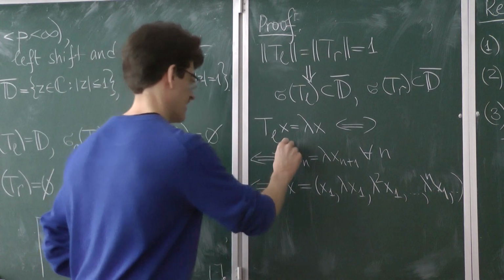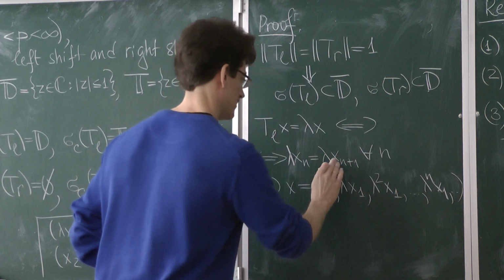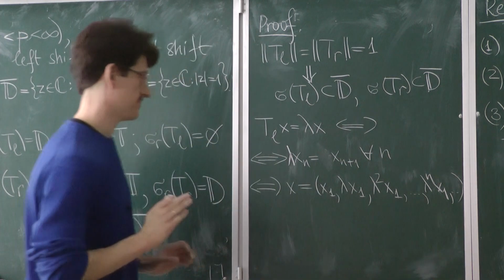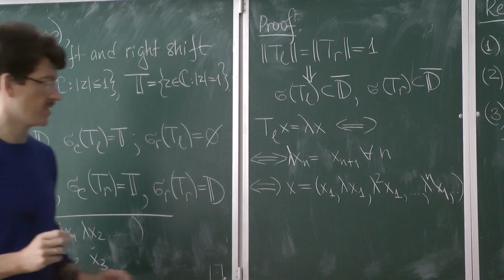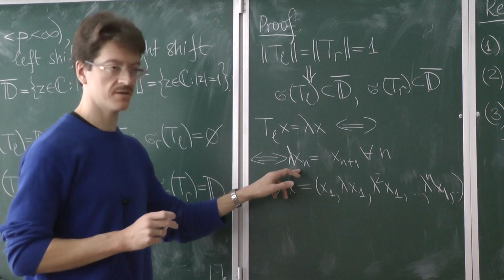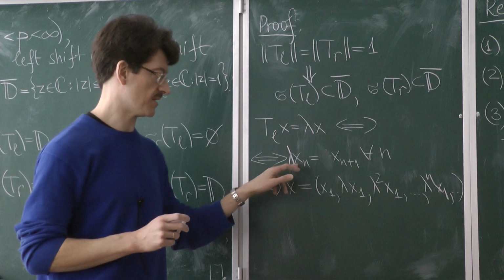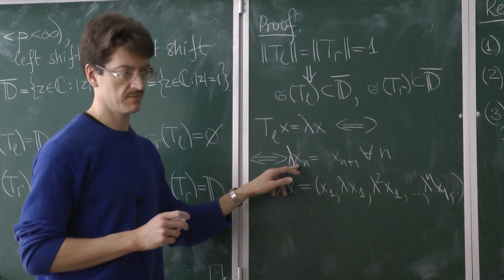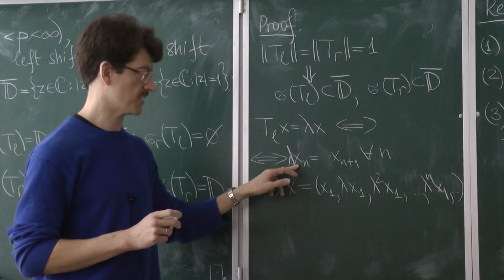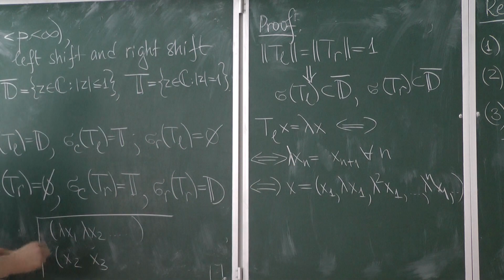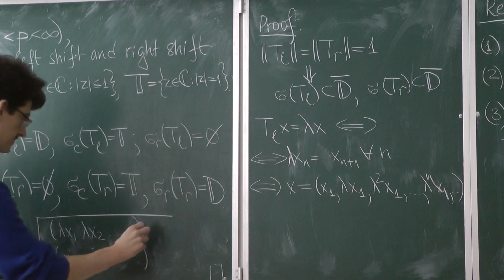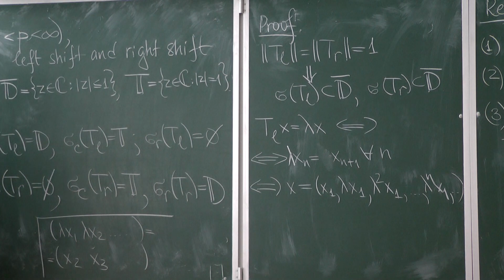You're right. So lambda x_n equals x_{n+1}. Thank you. So now x2 equals lambda x1, x3 equals lambda x2. Okay, so now I hope it's okay.